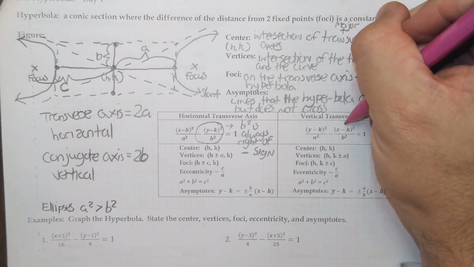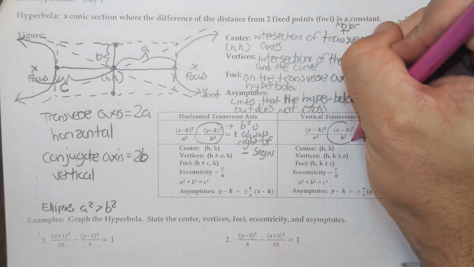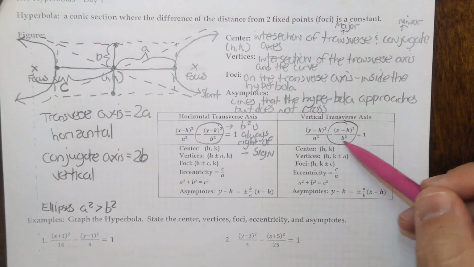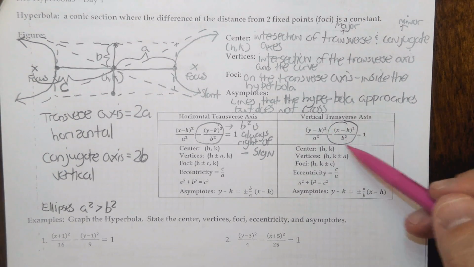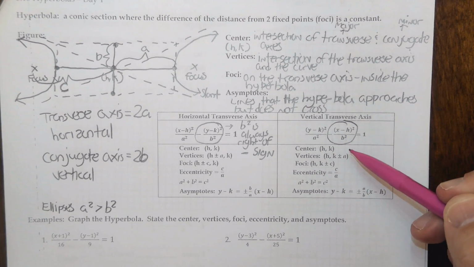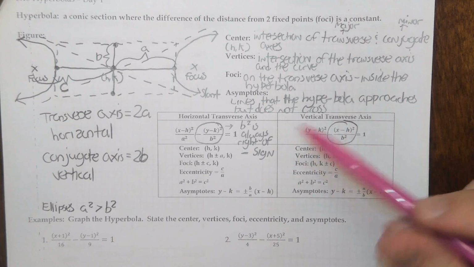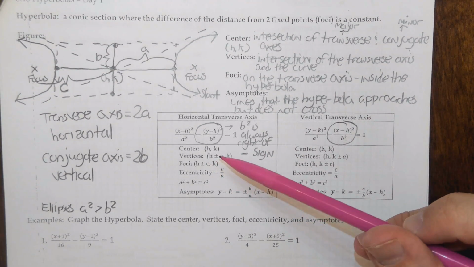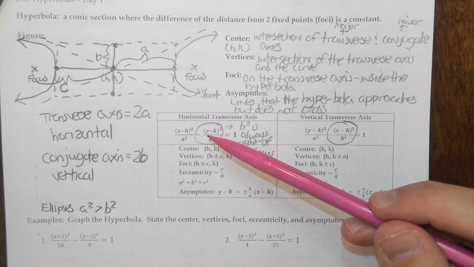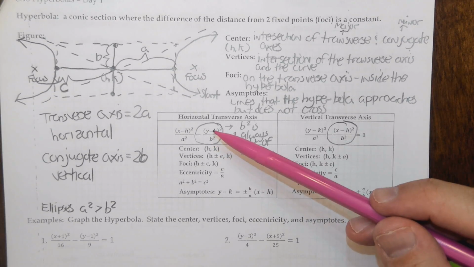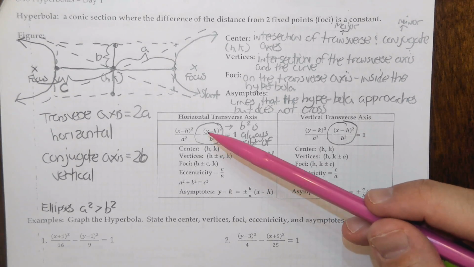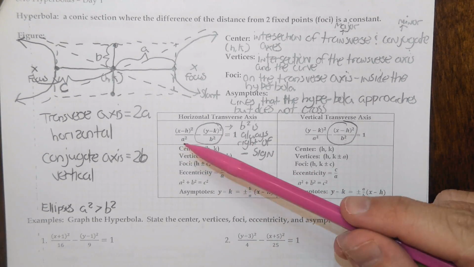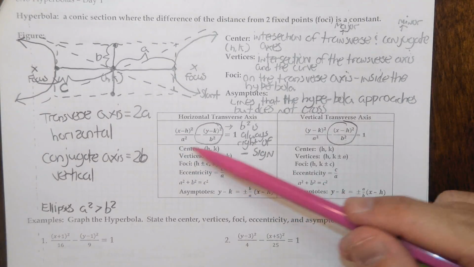So again, when I circle this fraction, the negative sign is always to the right of b squared. Our vertices are always on our transverse axis. So when y is to the right of the negative sign, we know the transverse axis is going to be horizontal.